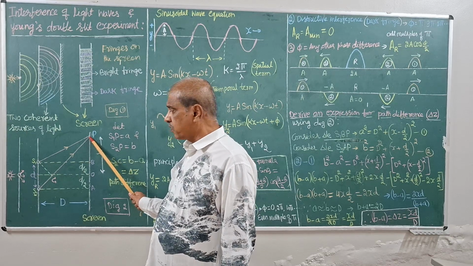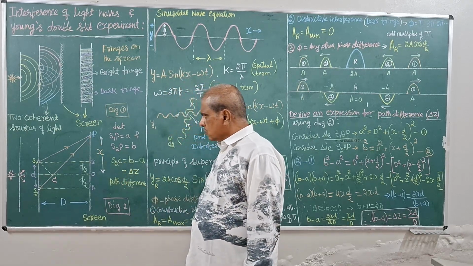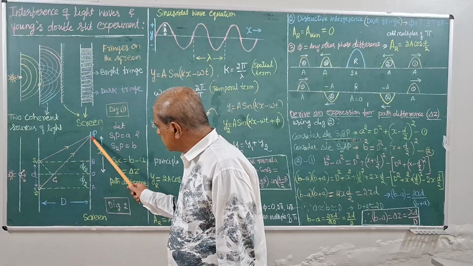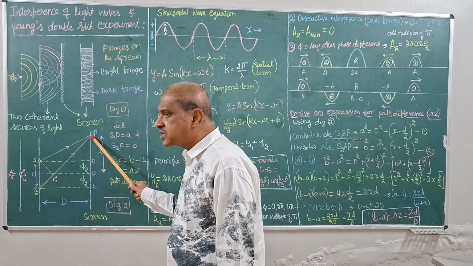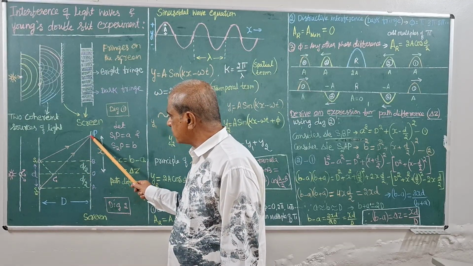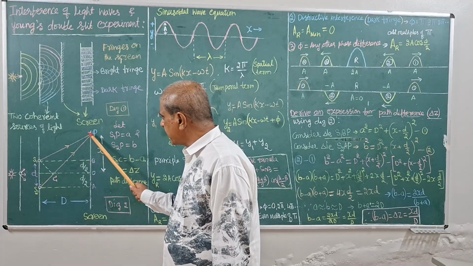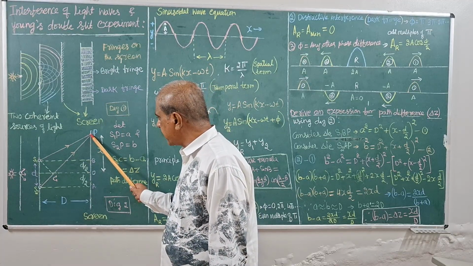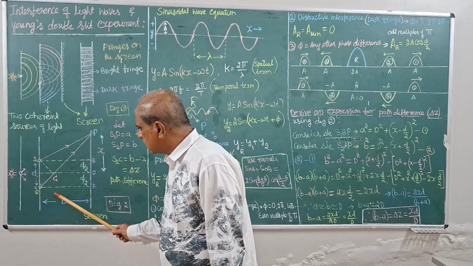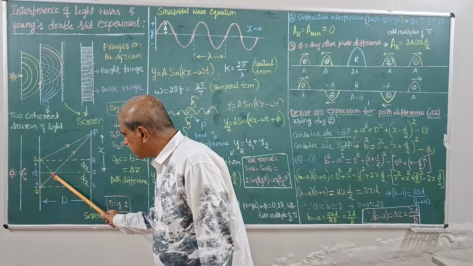Let us say P is the point, and at this point we may get either a bright fringe or a dark fringe. It depends on this length difference.